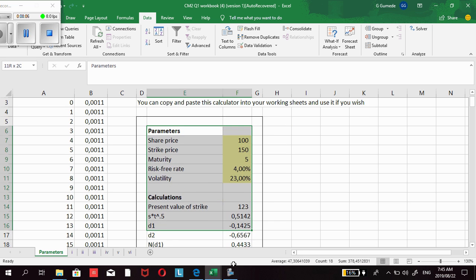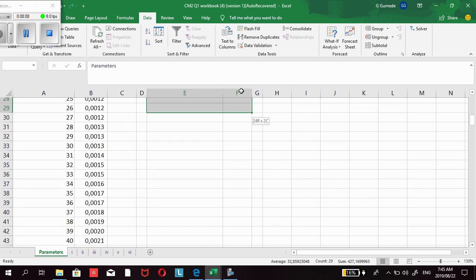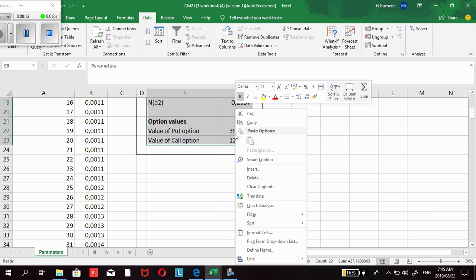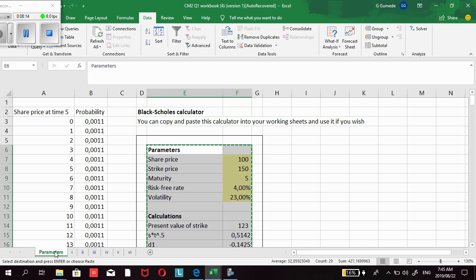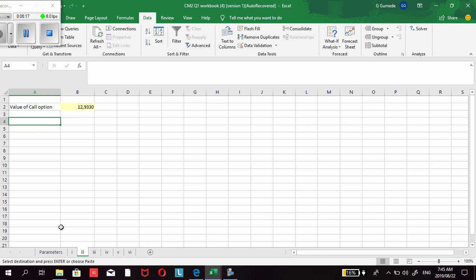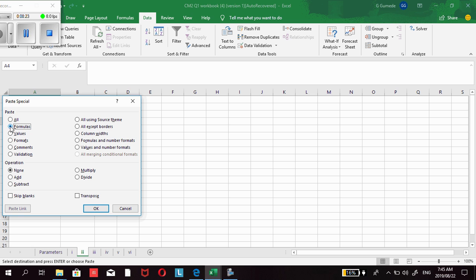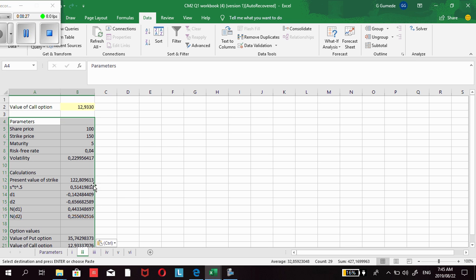I'm going to come here and paste my solution. I go to special paste, then I'm pasting formulas. Then I press OK, and there are my workings laid out nicely for the examiner.